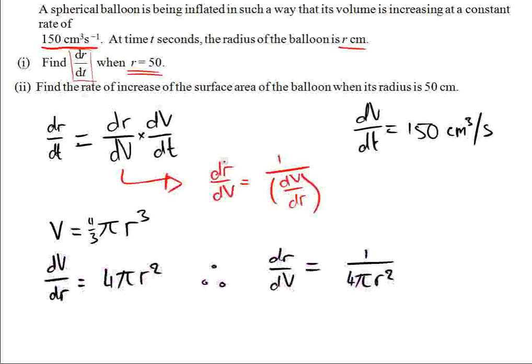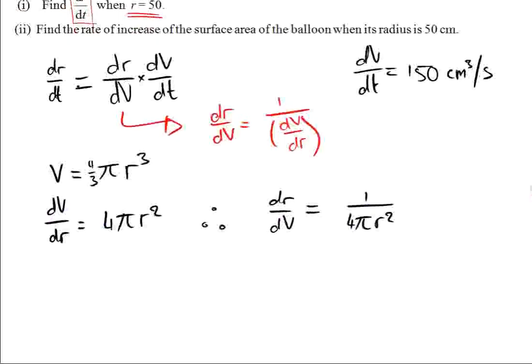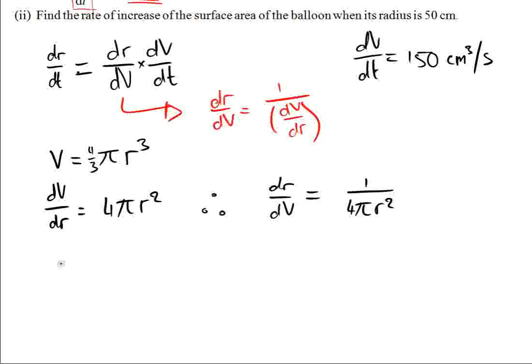And now I'm more than capable of putting this into my formula, right? So what do I get? I get dr by dt is equal to 1 over 4 pi r squared times 150. And in particular, I'm interested in this when r is equal to 50 centimeters.